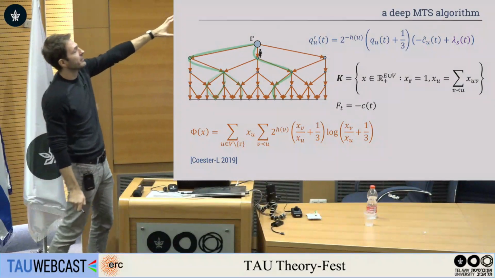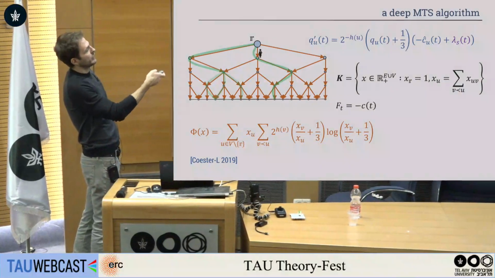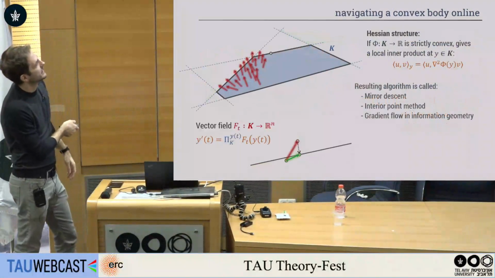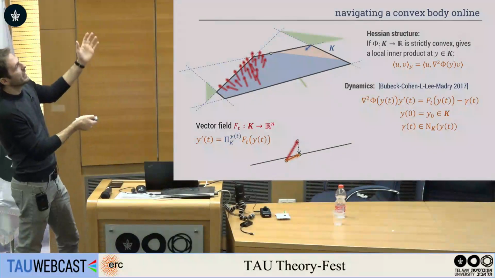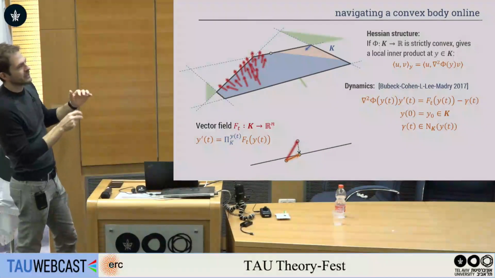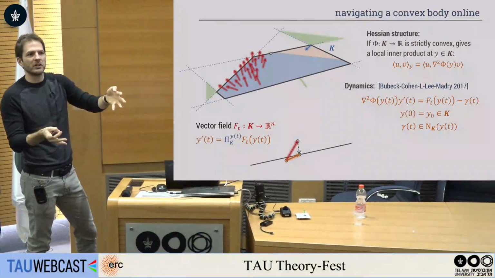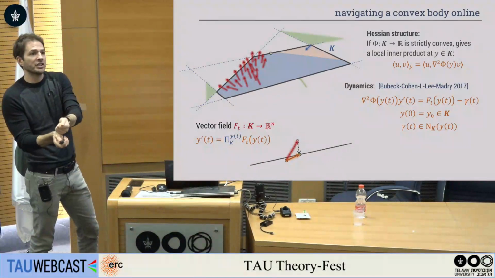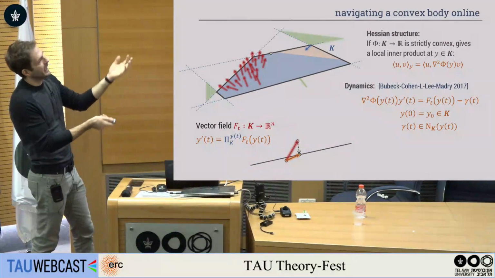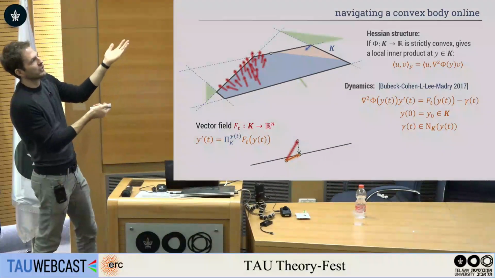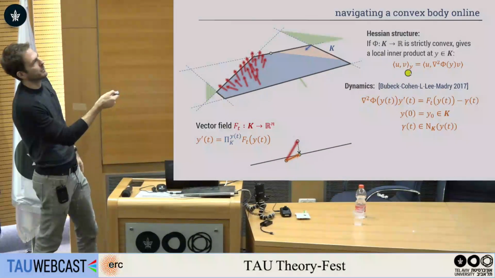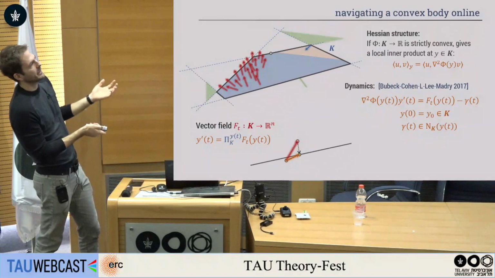But the main point here is that this algorithm looks complicated because there are a lot of symbols, but it's the most basic thing you could possibly do. You literally just move in the direction of negative the cost function, and you have to describe how you deal with the constraints. You have to give a way of projecting when this thing tries to leave the body.